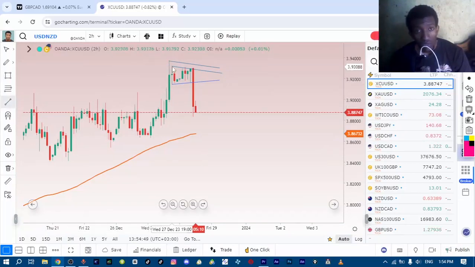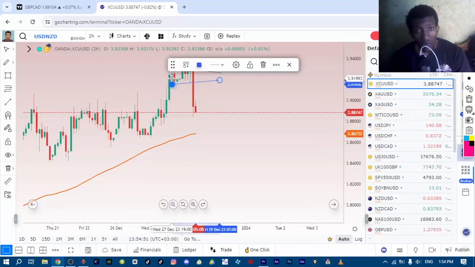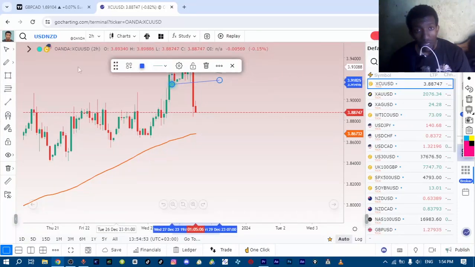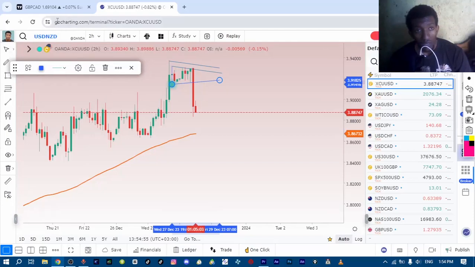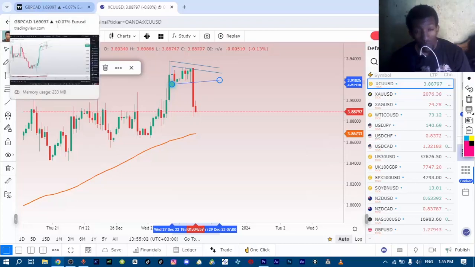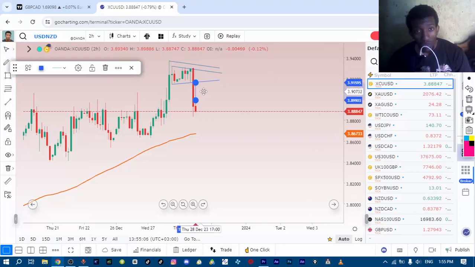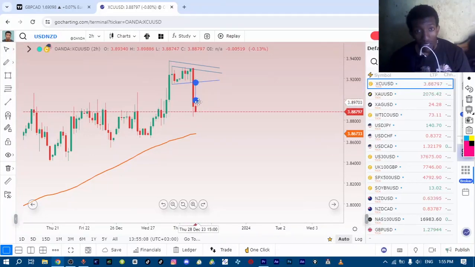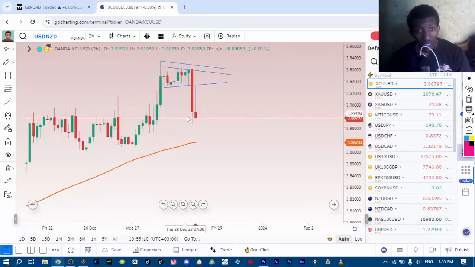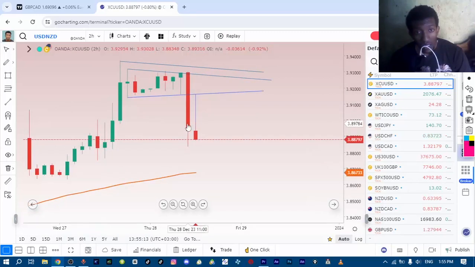So you measure from this to here to determine your TP. If you notice, this is gocharting.com, and that one is tradingview.com. I use both of them. So you project it using this one, so your TP is exactly right there.